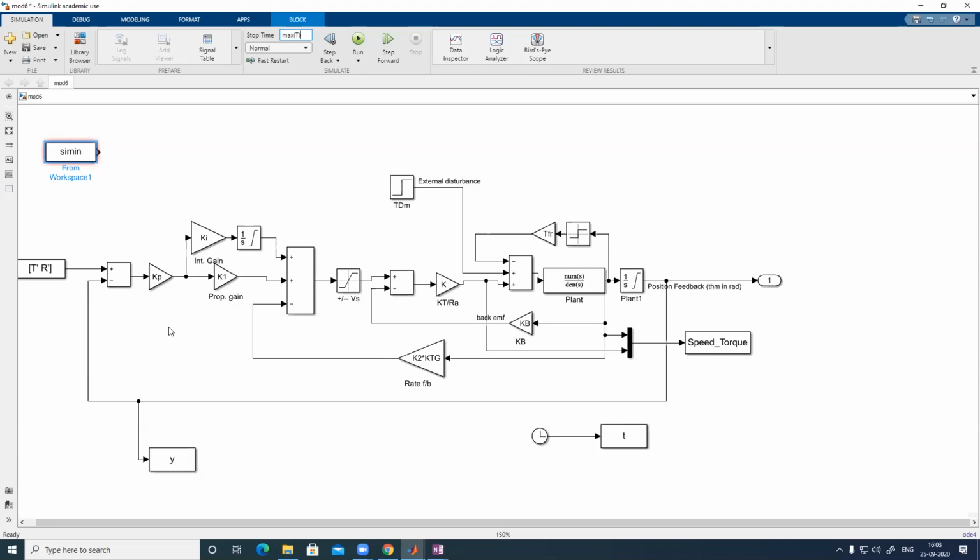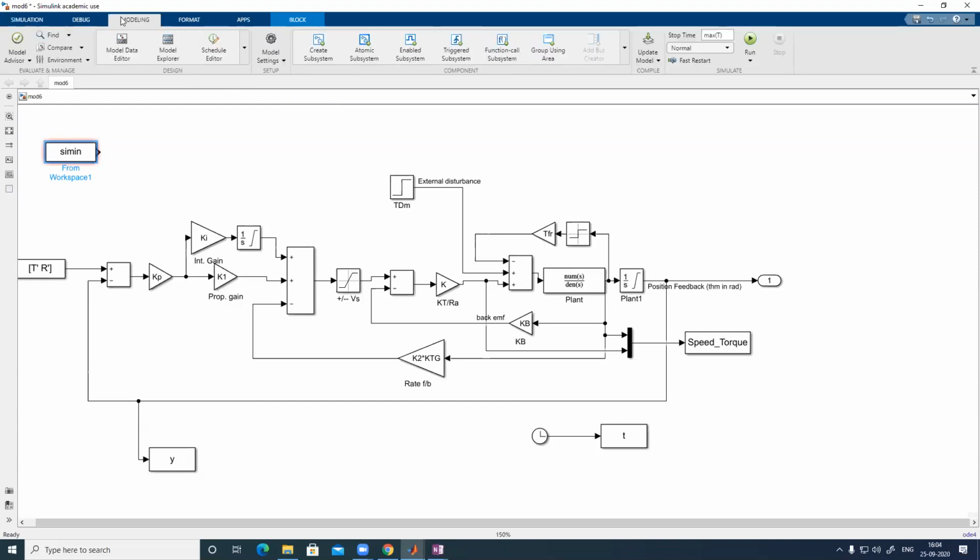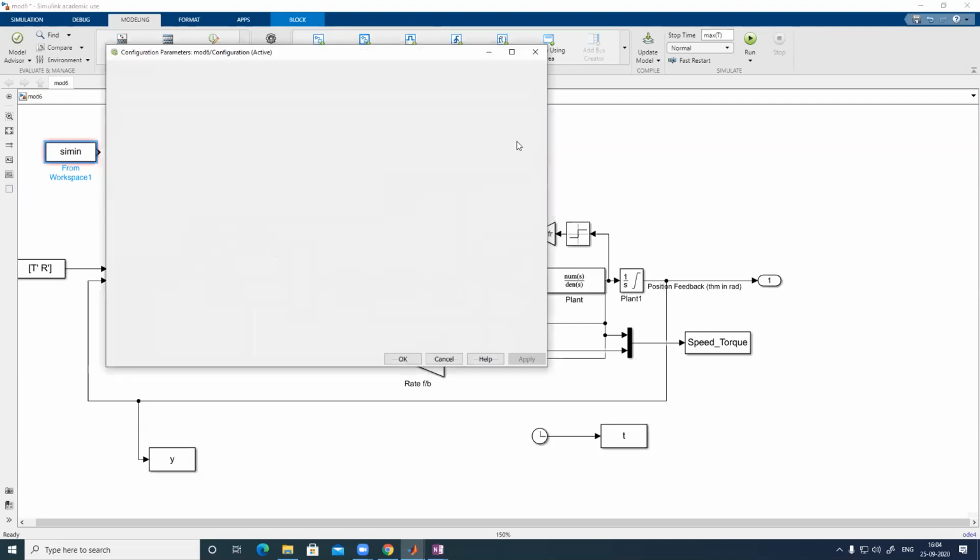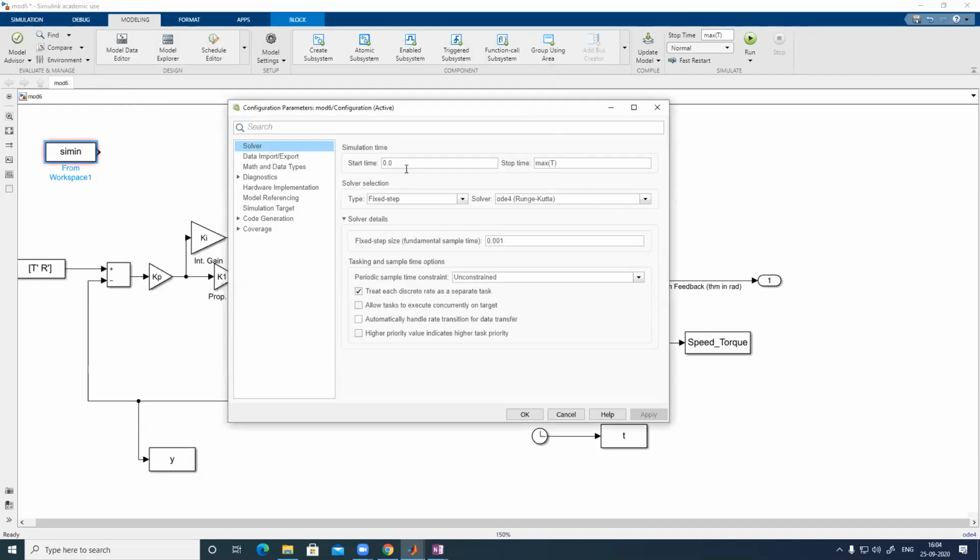Sir, where is the stop time? It is not visible. Stop time is here. This one, you see? No, sir, there is no such option. The format is a bit different in ours. Then you can go to model configuration parameter. Okay, model configuration parameter, model setting. This is start time.